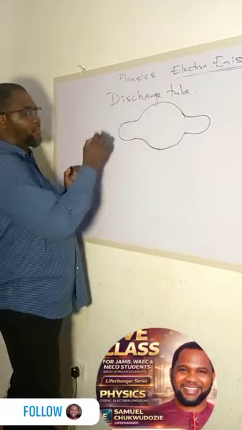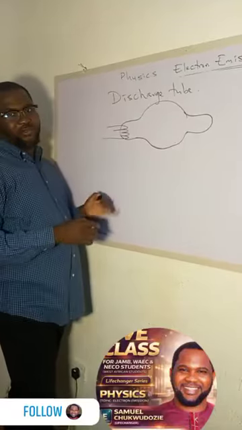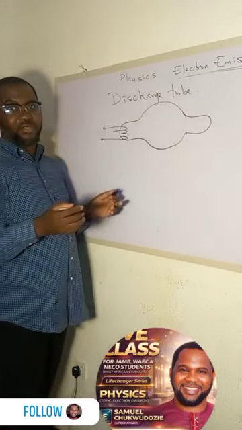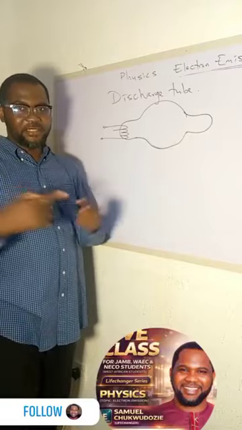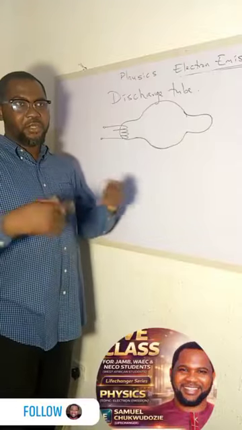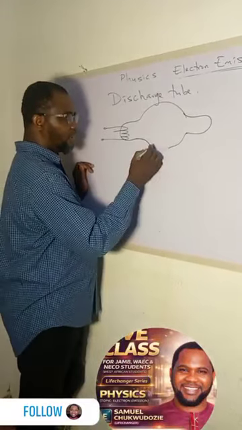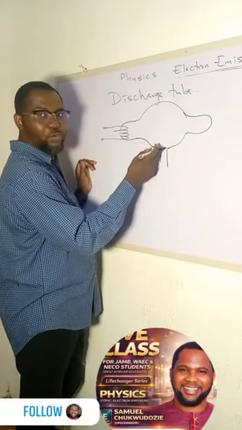Okay? So here we have the cathode. Remember, the cathode will always be connected to an electric source. The source of the heat, whenever a question is asked, is electricity, or you can say high voltage. Then there is a little opening here.